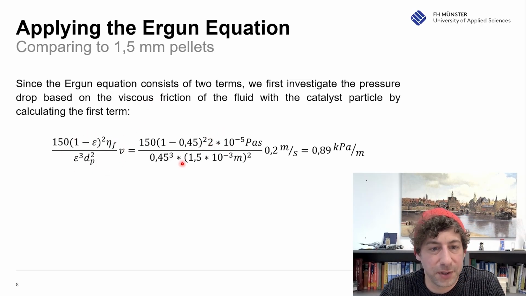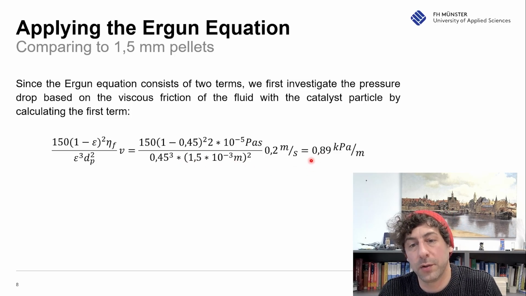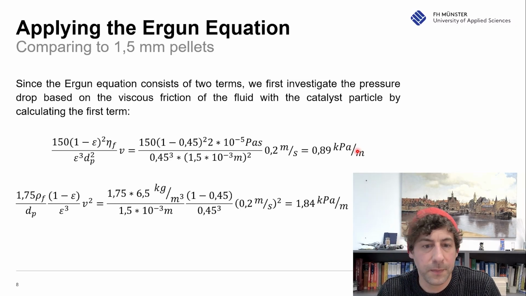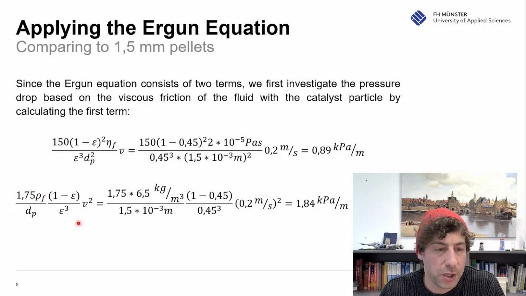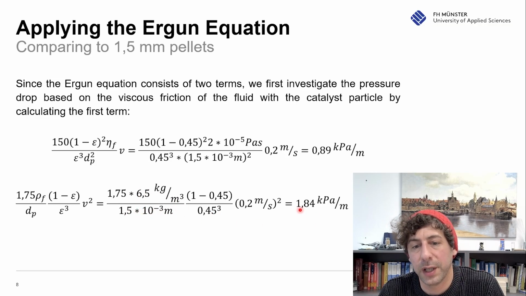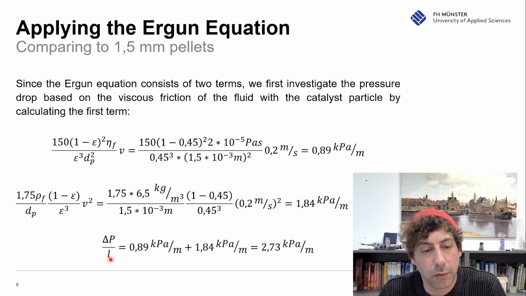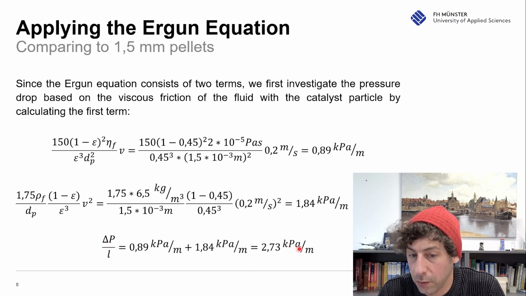If you put in all the numbers, you just have to change this size here, and now we end up with 0.89 kilopascal per meter for the friction term, and for the pressure term we have all the numbers in here, and we change again this 1.5, 10 to the power minus 3, and then we have 1.84 kilopascal per meter. So if we put all together, the pressure drop per meter is 2.73 kilopascal.